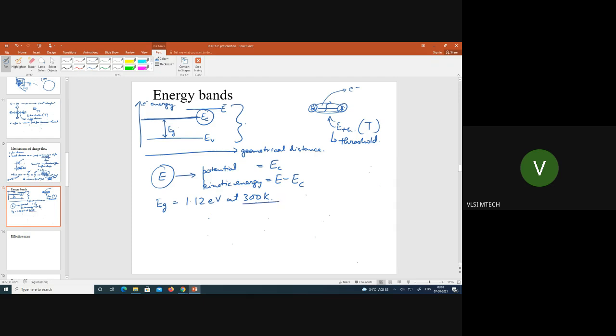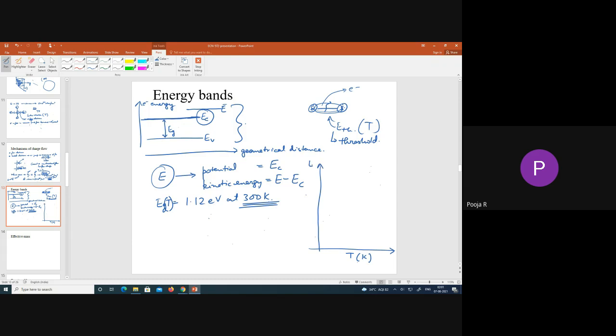Why am I writing at 300 Kelvin? Probably because band gap is a function of temperature, right? Can you guess what sort of variation it would have with temperature? Would it increase, decrease? Any idea? It would decrease with temperature. Why?